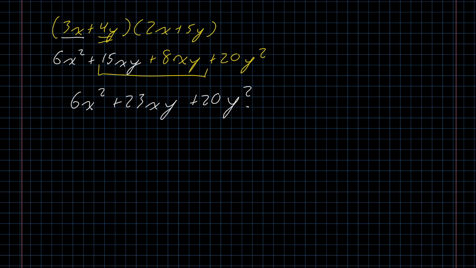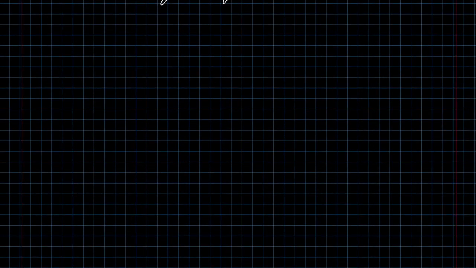If we have more terms, the process doesn't change. If I have something like 2x minus 7 times x squared plus 5x plus 4, I'm still going to do the same thing, although this time I'm going to write things out just a little bit differently.